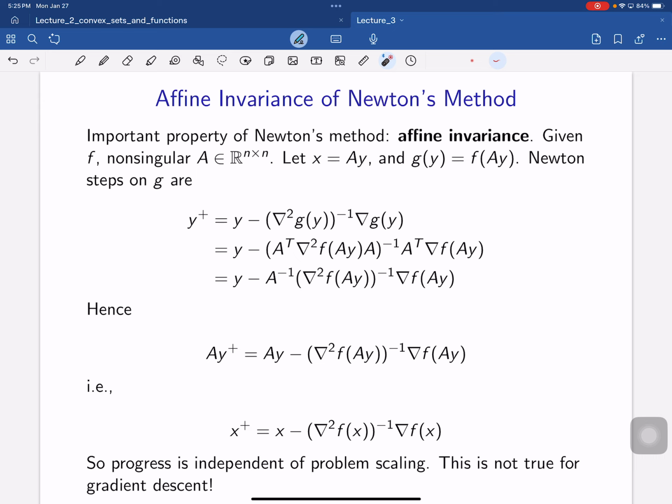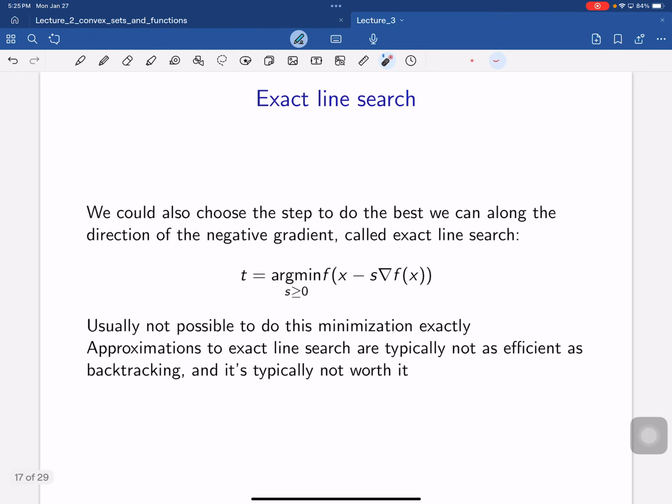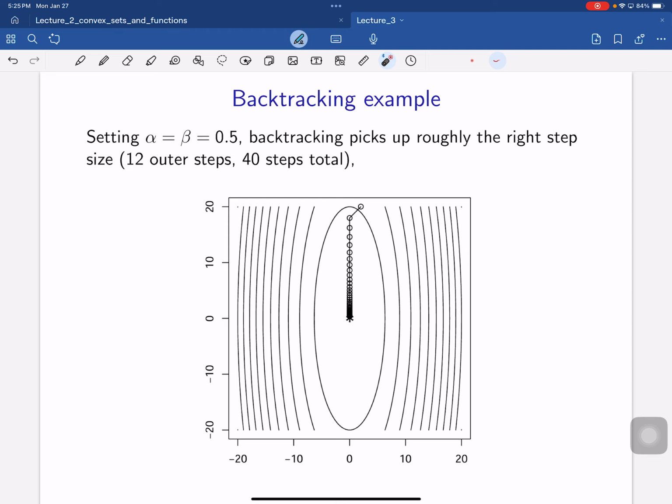If you go to this picture here, you may want to scale the x1 and x2 variables. Clearly, they are not of the same scale. That's why you have this elongated ellipsoid shape here. If you scale the problem better, maybe it will have better convergence properties.